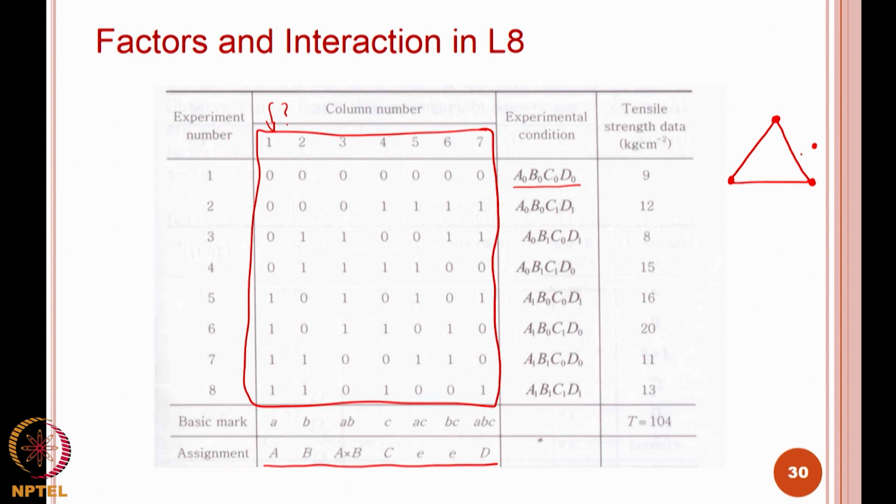For L8, this is one linear graph. It will be given as 1, 2, 3, 4, 5, 6, 7. This is how it would be given. There might be another thing.